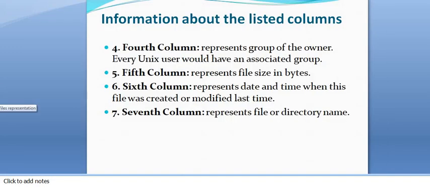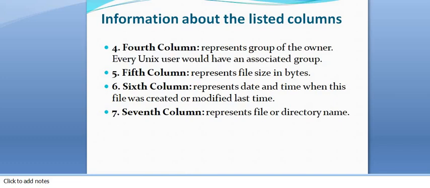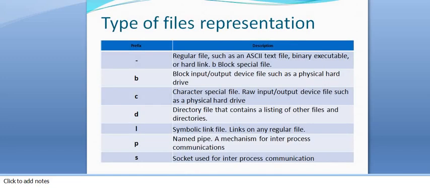So this is the same thing that we discussed. The first column represents the file type, the second column the number of memory blocks, the third column the owner of the file, the fourth column the group of the owner, the fifth the size, the sixth the date, and the seventh the file or directory name.